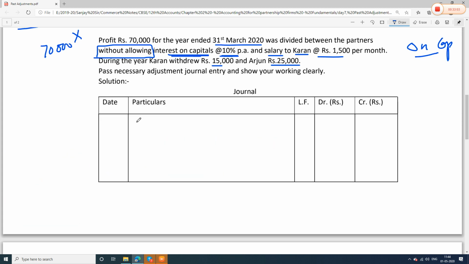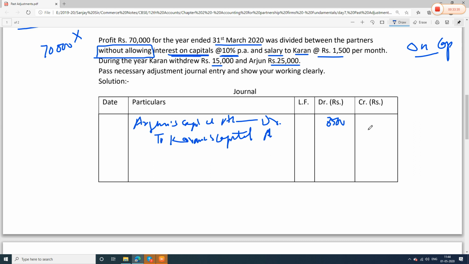So, Arjun's capital account debit to Karan's capital account. How much? 8,500.